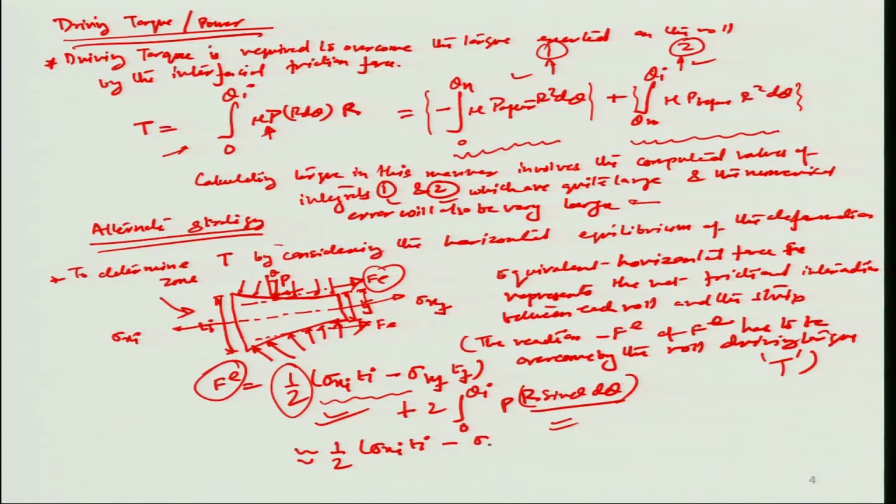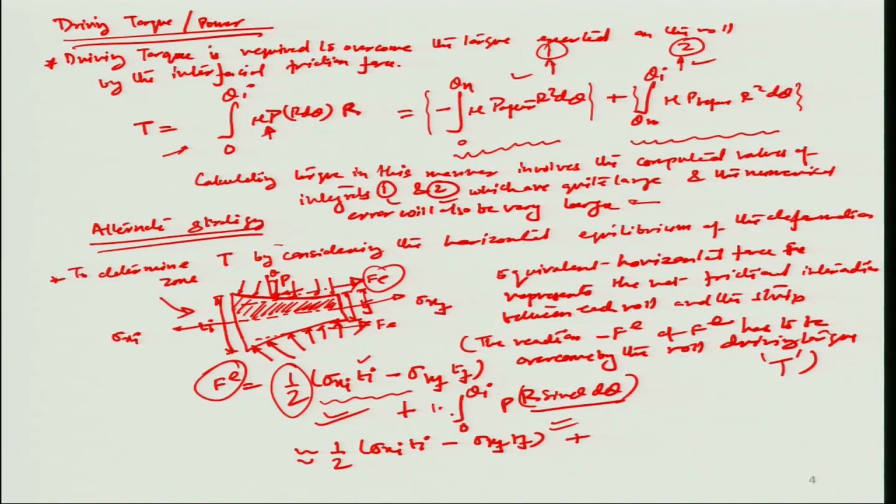Ti minus sigma xf Tf plus, so basically I'm sorry, I just made a small error here. This is only about one side of this force Fe, because we are talking about only the upper half here. Just look at it in this manner, that we are talking about y equal to Ti by 2 or Tf by 2. So the amount of roll pressure and the component of the roll pressure is only because of one of the rolls on the top side, and therefore this is actually 1 into and not 2 into.